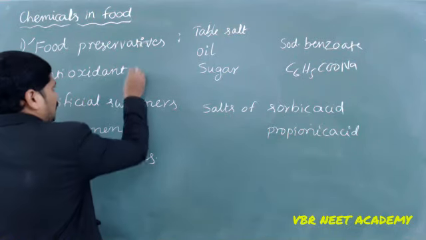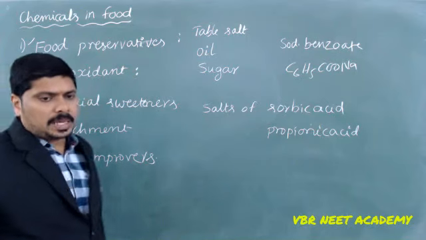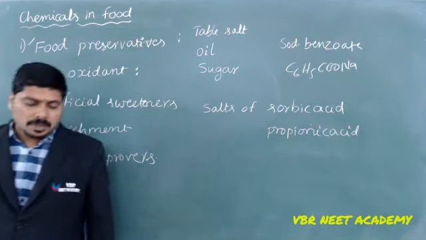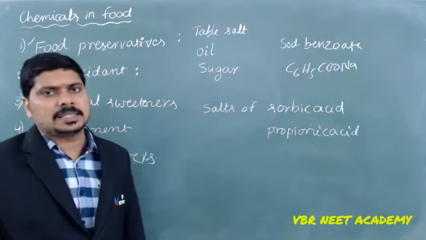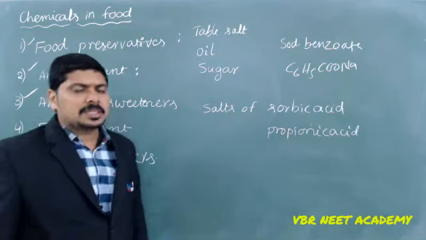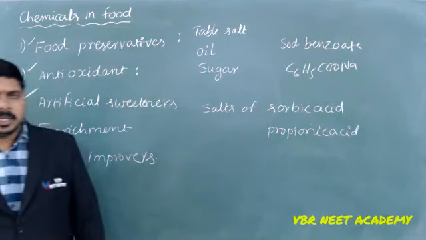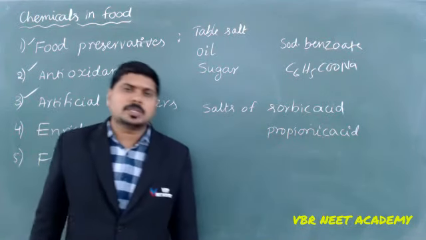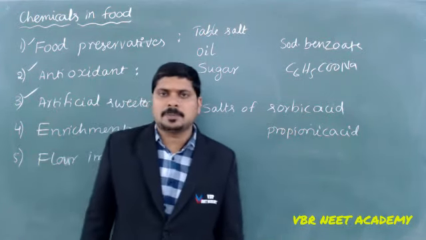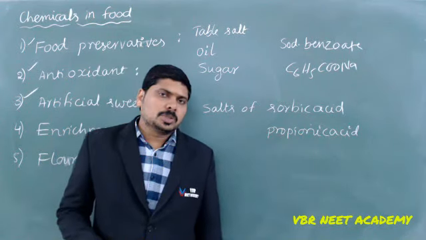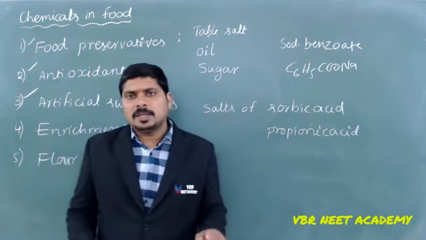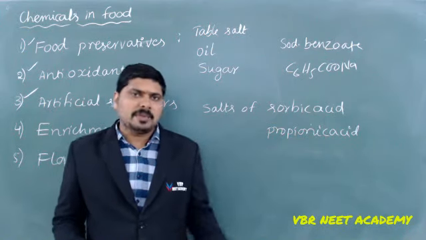Next one is antioxidant. What are antioxidants? These are called sacrificial oxidizing agents. They are sacrificial oxidants. What does it mean? For example, if any food is going to get spoiled by oxidation, we add these antioxidants so that they can prevent the oxidation by undergoing oxidation themselves.